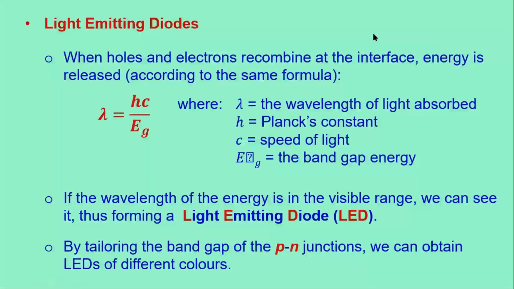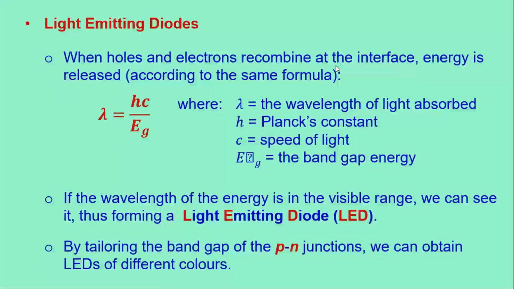And then we have the light emitting diodes. These work in the opposite way to solar cells. In this case, the electric energy, the electron energy, is converted to light energy. When the holes and electrons combine at the interface of the crystal, the energy is released in the form of light.